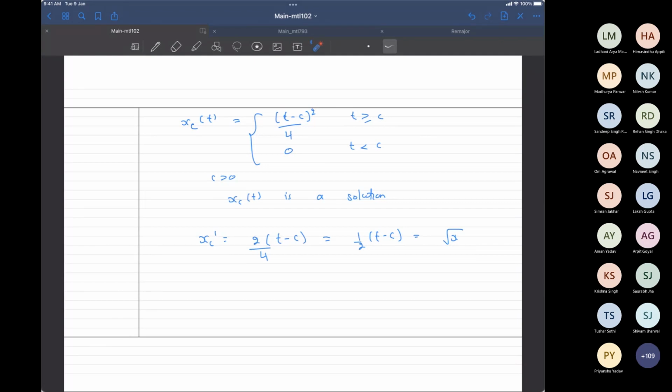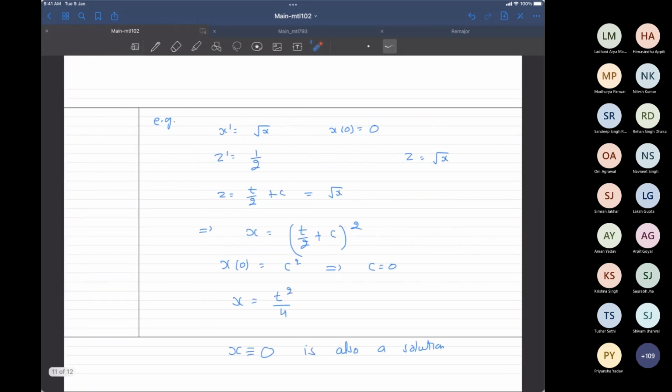Okay, so now the idea is how to get rid of these kind of things, and how to arrive at appropriate conditions, so that we can know in advance under what condition this happens and what condition this does not happen. So mind you that if you have this problem to solve, this is the situation you will get. Sometimes we cannot change our problem. So in this case, you will have more than one solution.